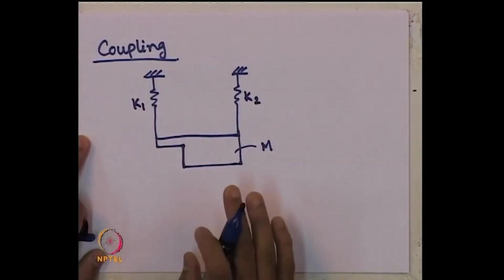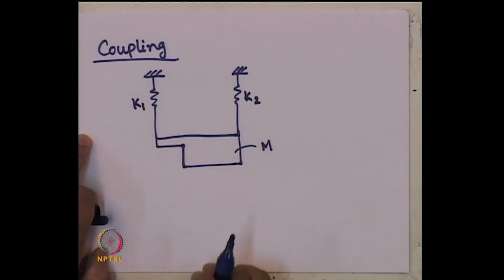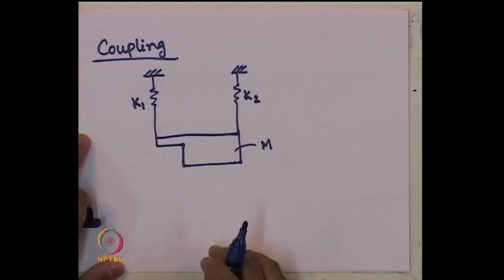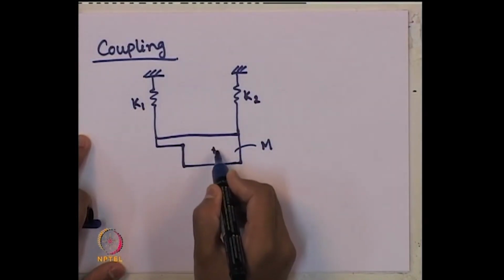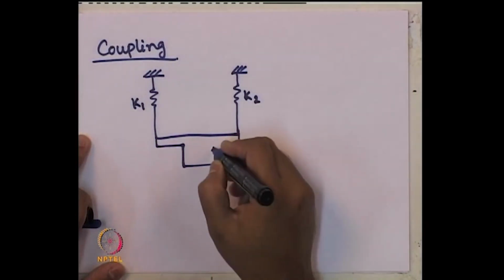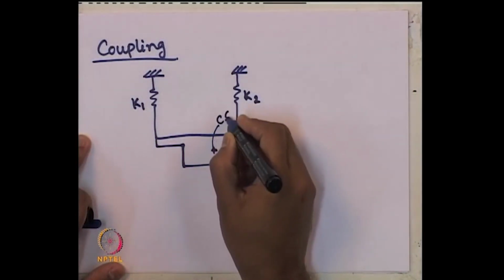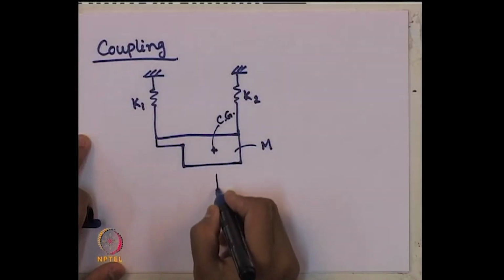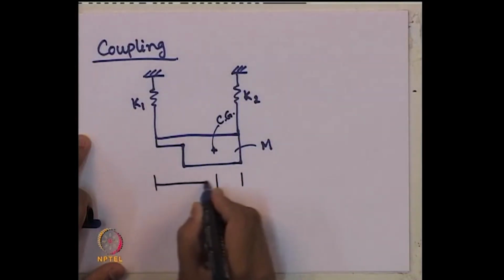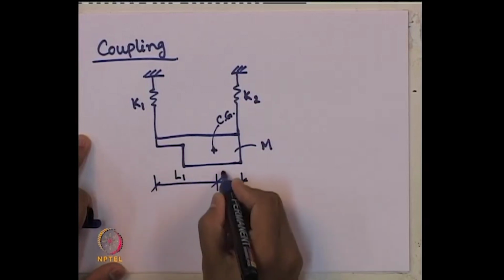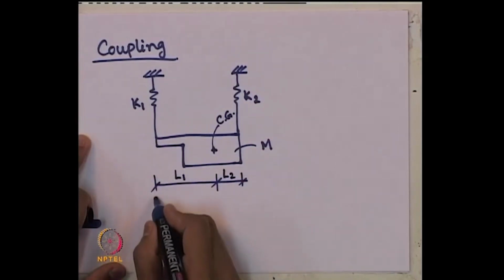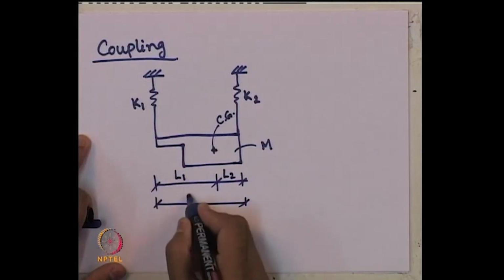I am considering initially just an undamped system to show you the effect of coupling, and say this is the CG of the beam. So, this is the center of gravity, and the distances of this center of gravity from the two ends are, say, capital L1, capital L2, and the total length of this beam is capital L.